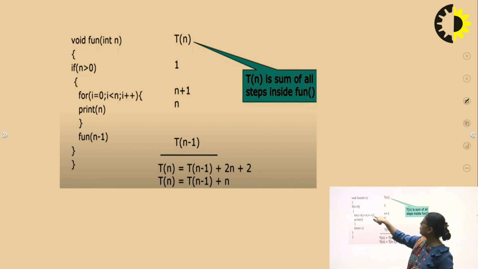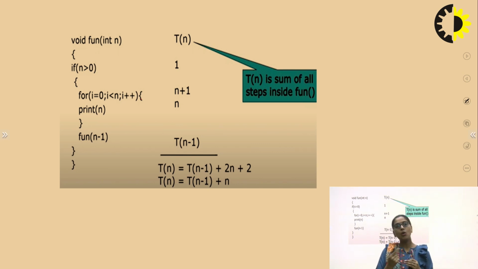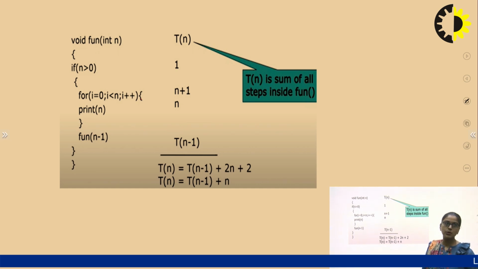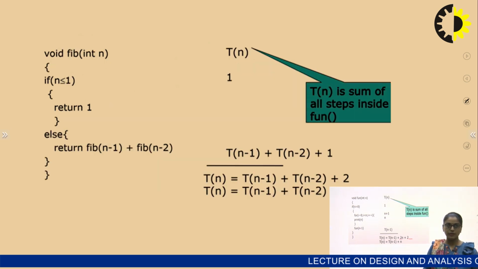So this loop has n plus 1 complexity, and this printf is executed for n elements. When the condition is false, obviously printf is not working. So n over here, and this particular function, as I earlier discussed, is T(n-1). When we sum these, the answer is T(n) equals T(n-1) plus 2n plus 2. The constants are discarded. Here two constants are there, this 2 and this 2 will be discarded. So the total complexity is T(n-1) plus n.